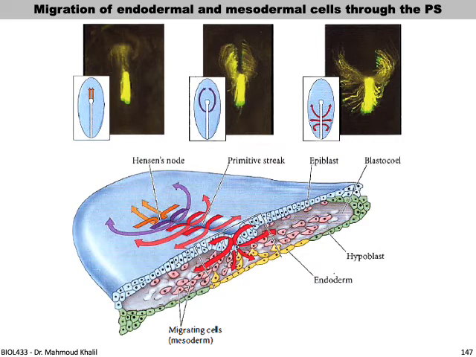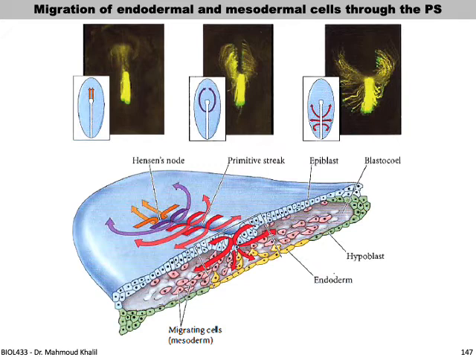So if we look closely into the migration of endodermal and mesodermal cells through the PS, the primitive streak, you can see here they labeled the cells which are migrating, and you can see the direction of movement, starting first from the primitive streak that migrates from the posterior to the anterior, and then cells from this primitive streak, which appear labeled by the yellow dye or yellow fluorescence.